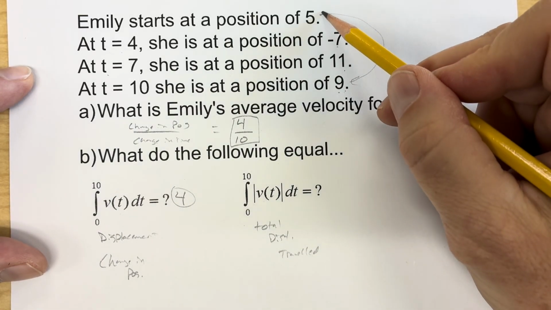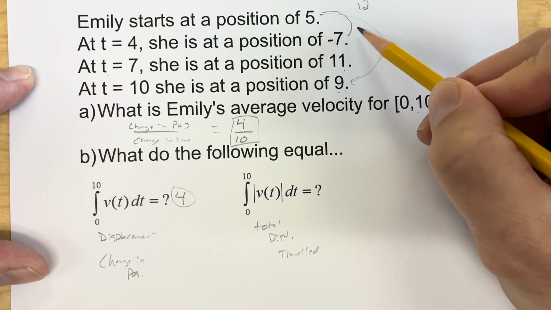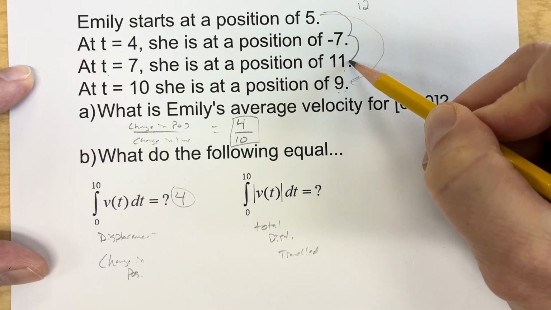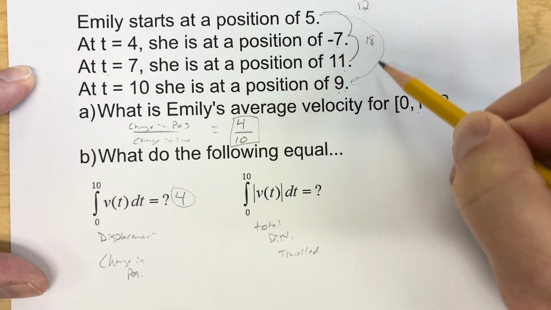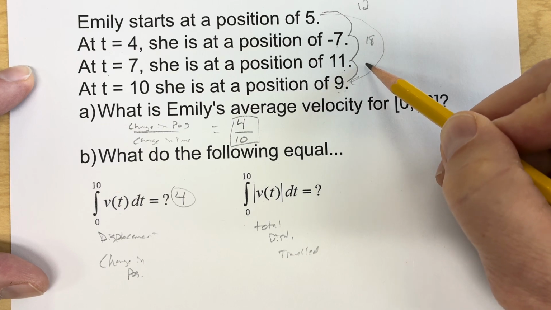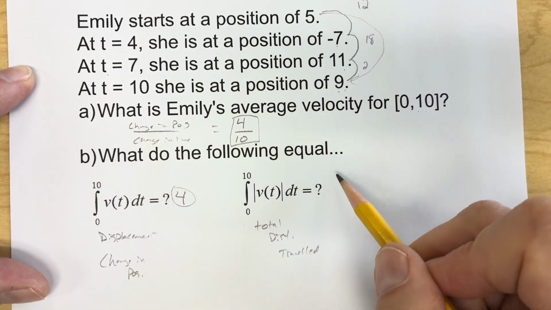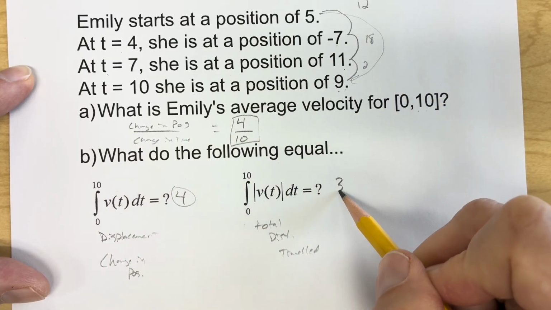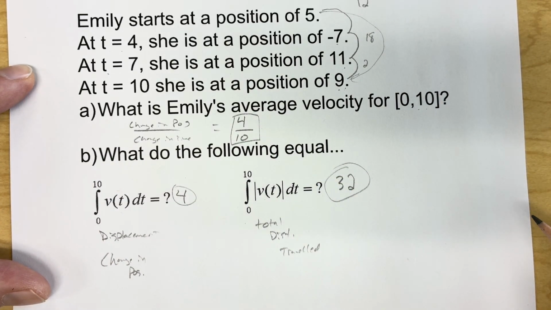So when we went from 5 to -7, that was a change of 12. When we went from -7 to 11, that was a change of 18. And then when we go from 11 to 9, that was a change of 2. Again, I don't care if it's positive or negative. I just want to add all of that together, and that would give us 32 for that. Okay?